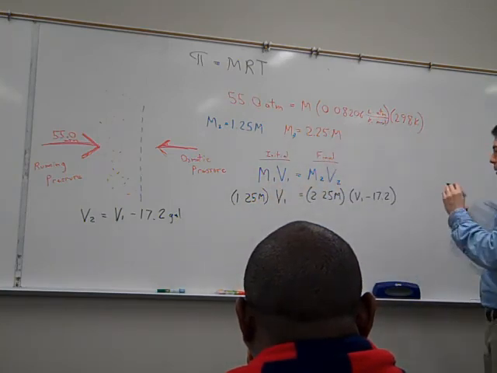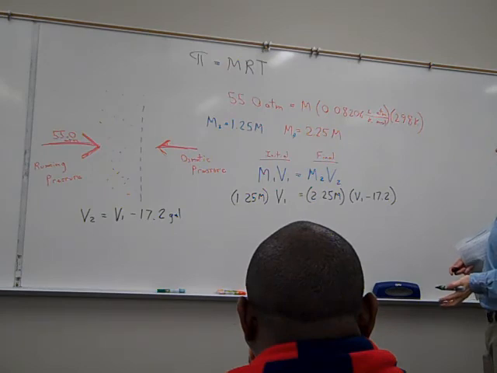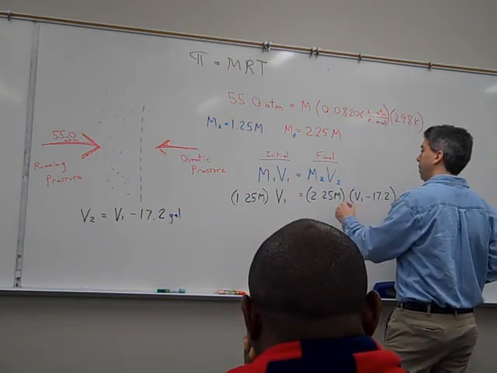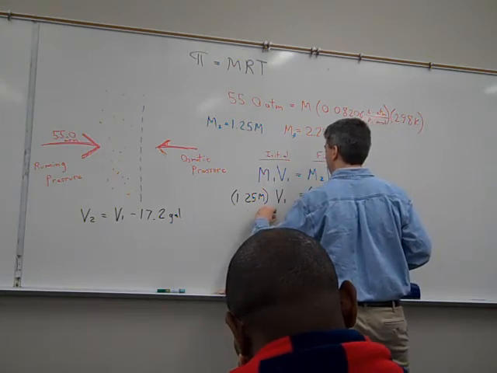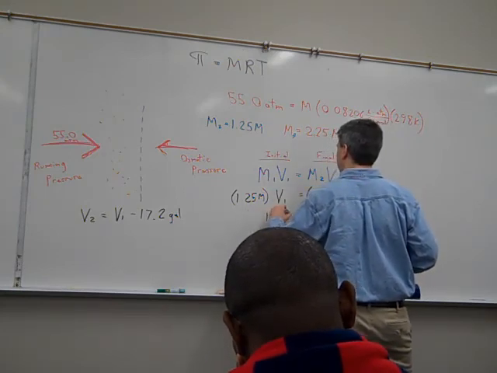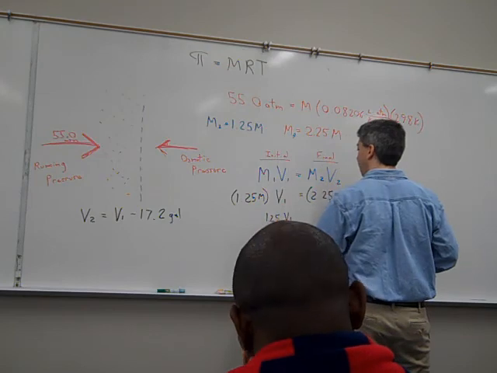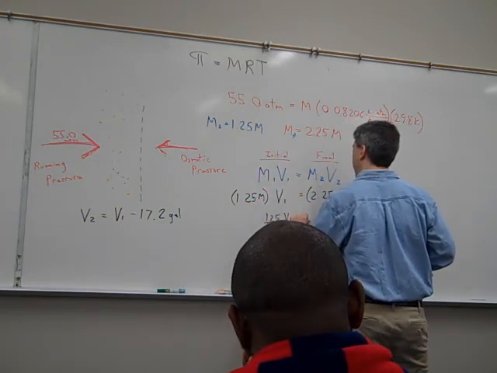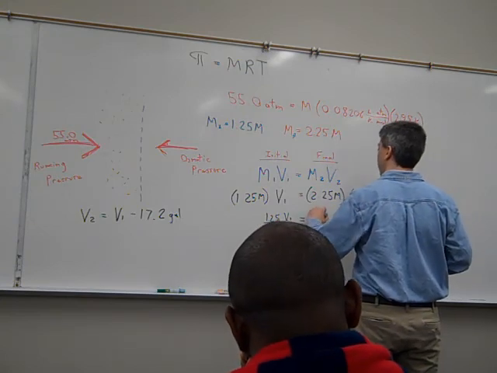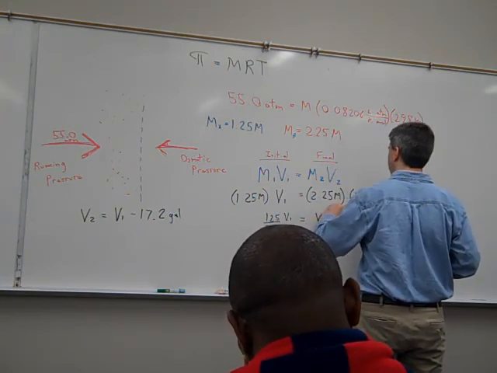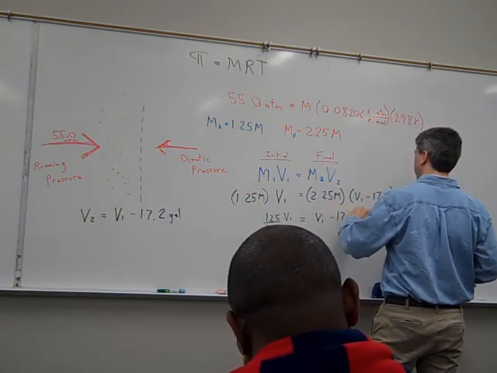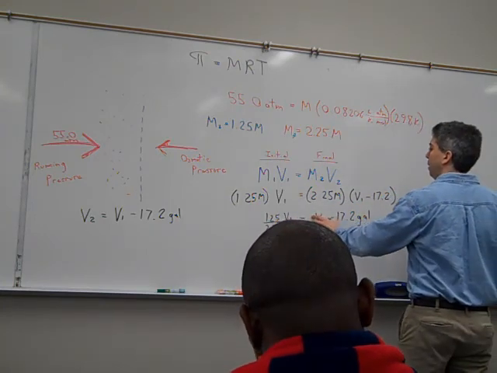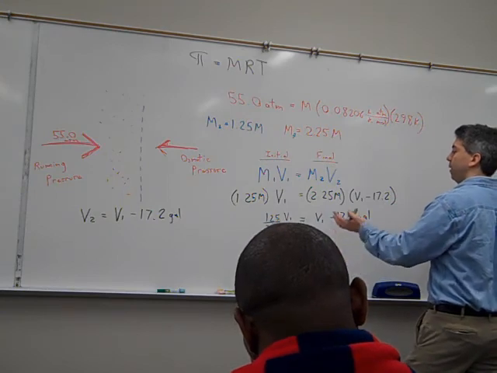I can now do a little algebra and solve for V1. So 1.25 V1 divided by 2.25 is equal to V1 minus 17.2 gallons. I then subtract V1 from both sides.